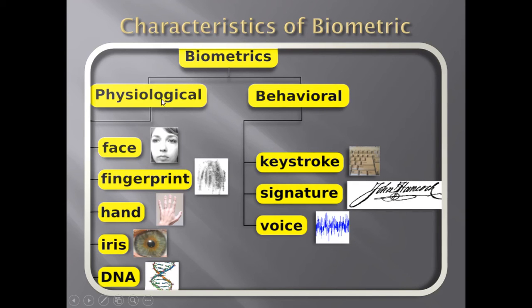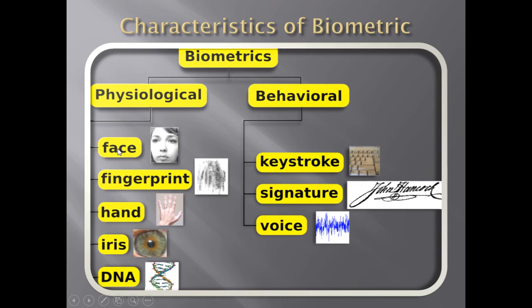But physiological verification and validation cannot be exchanged. Maybe sometimes if you have a password or something which is known by somebody else, he can enter if you let him know. But here it is not possible. You cannot have the voice of another person.